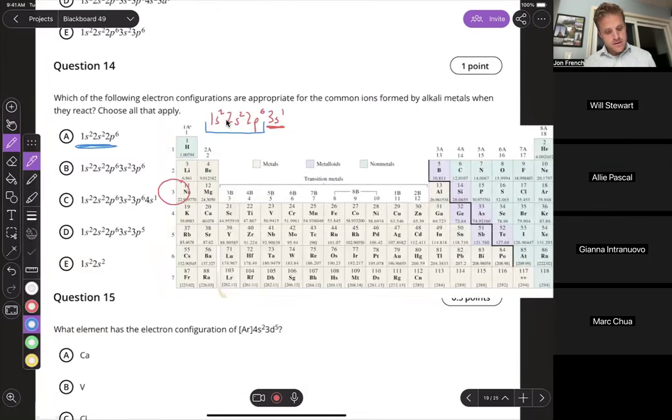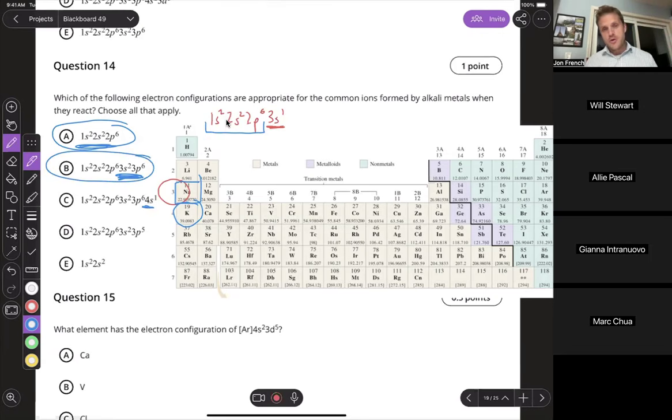So this could be the configuration of a group 1 metal after it reacts. That actually happens to be sodium plus 1. This also is the configuration of argon, which would be equivalent to potassium plus 1. Potassium loses that electron and ends up with a full outer shell.